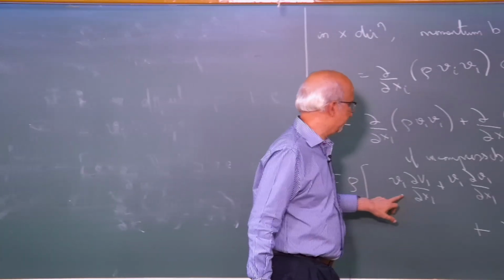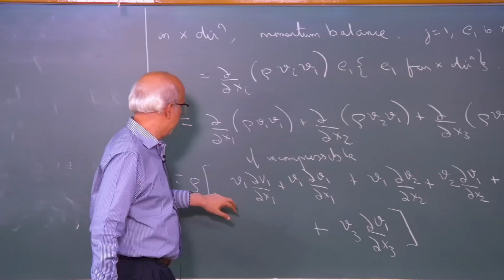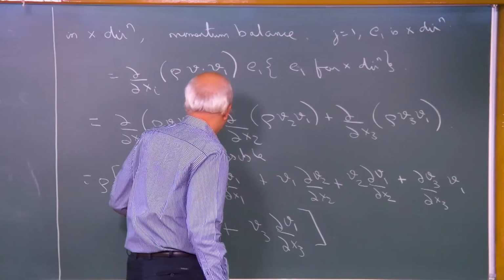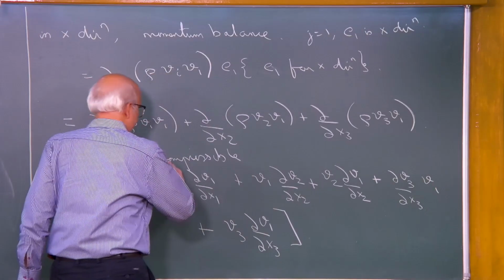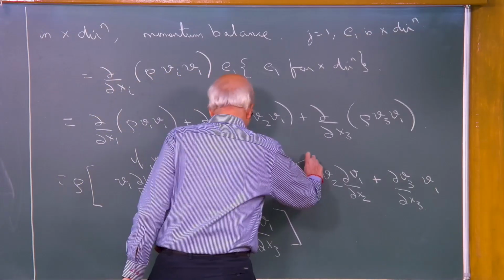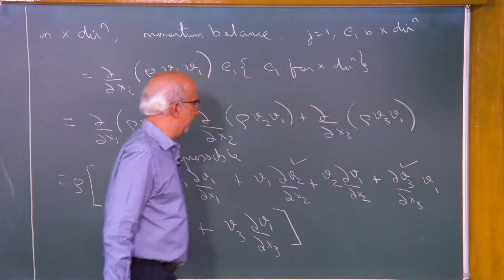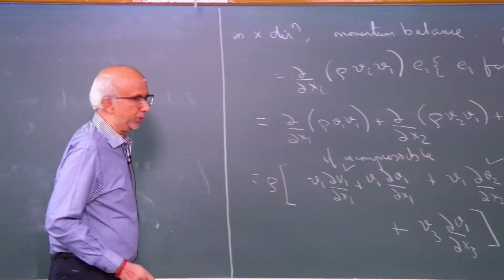What I want to do is rearrange some terms so that these 3 terms, which are v1 dv1 by dx1, I am going to combine together.